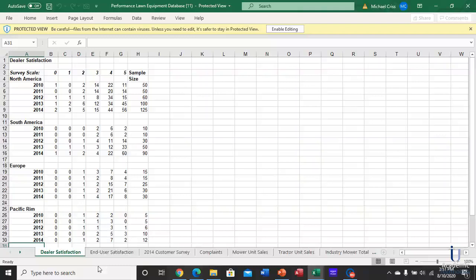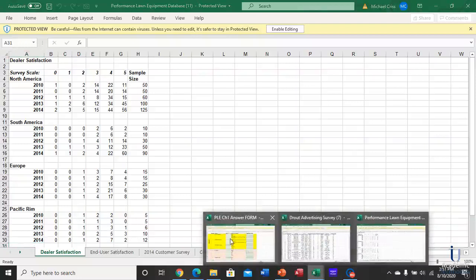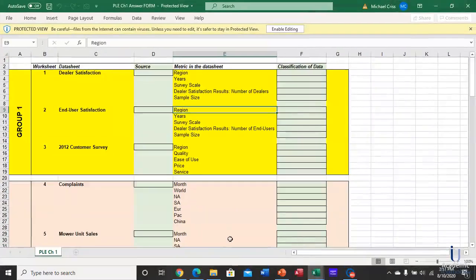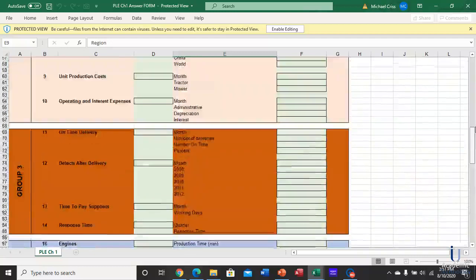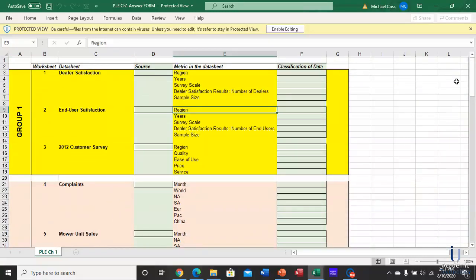So this spreadsheet has 23 workbooks. I'm not going to ask you to go through and classify all 23. Instead, I have put together an answer form, and I've grouped each of those workbooks into groups: Group 1, Group 2, Group 3, Group 4, Group 5, etc. What I'm going to ask you to do is just pick one workbook from each of those groups, so a total of 5 workbooks, and then classify the data within that workbook as being either nominal, ordinal, interval, or ratio.